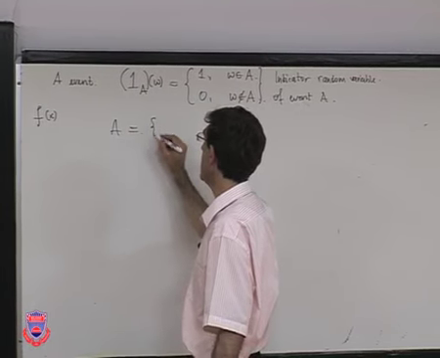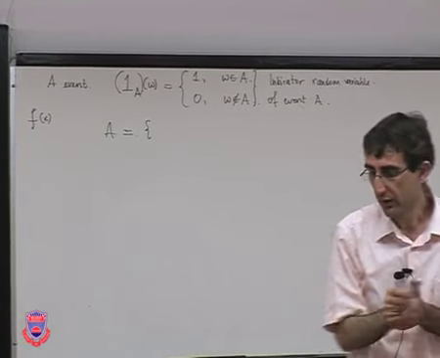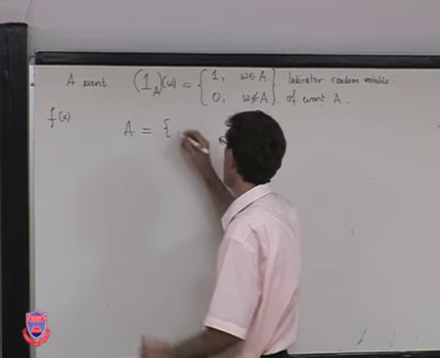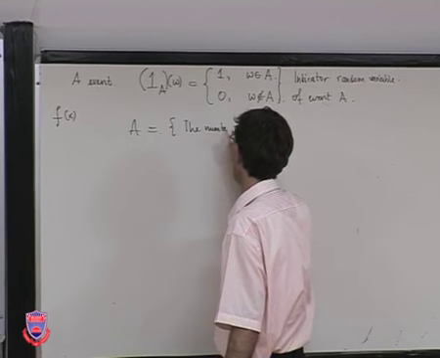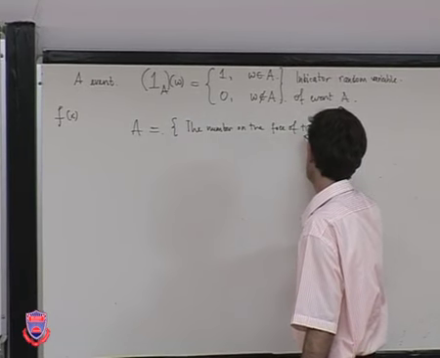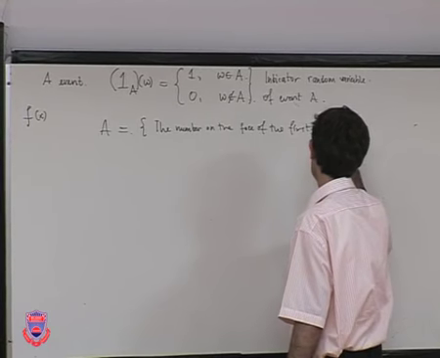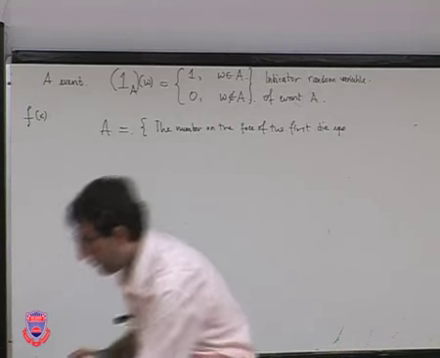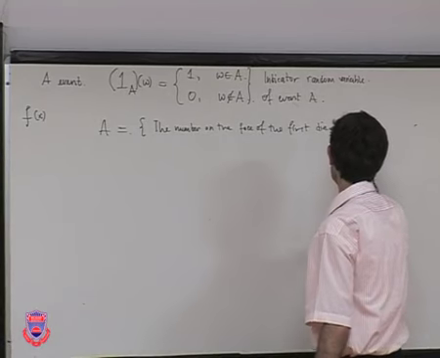Let's call A the event that the number on the face of the first die is even.